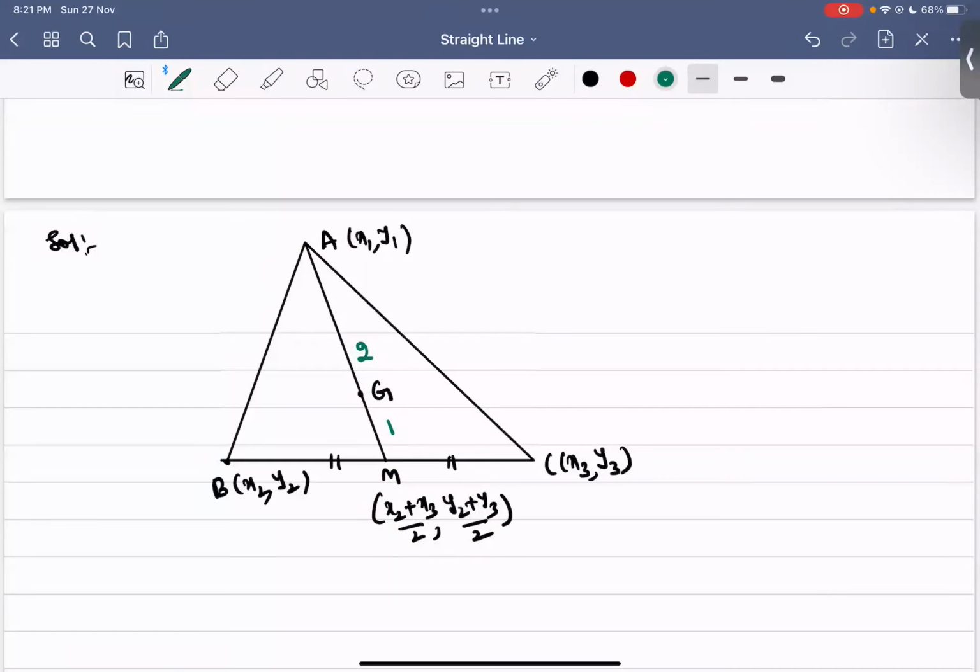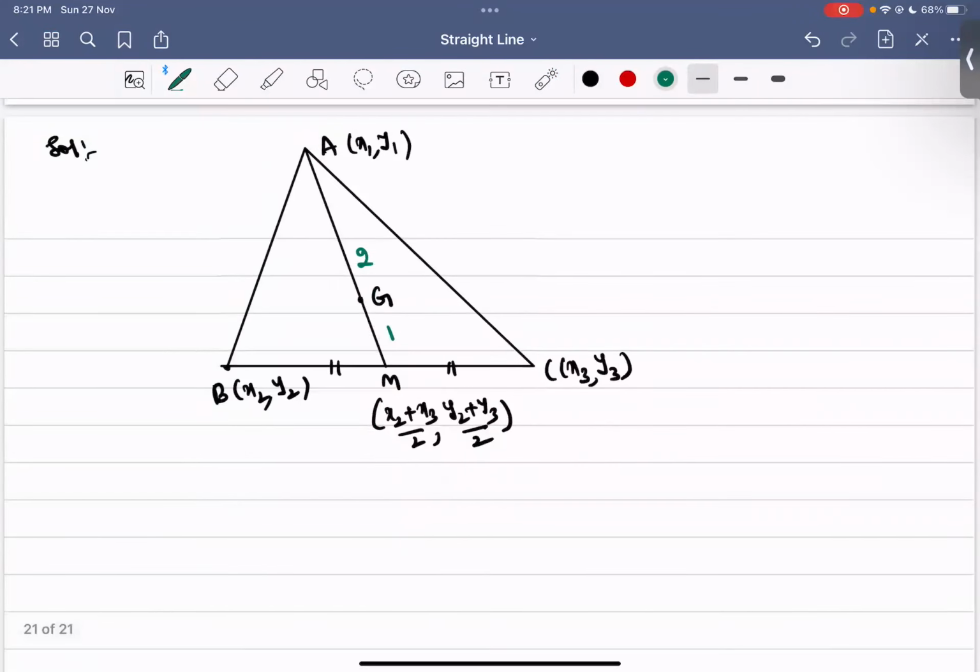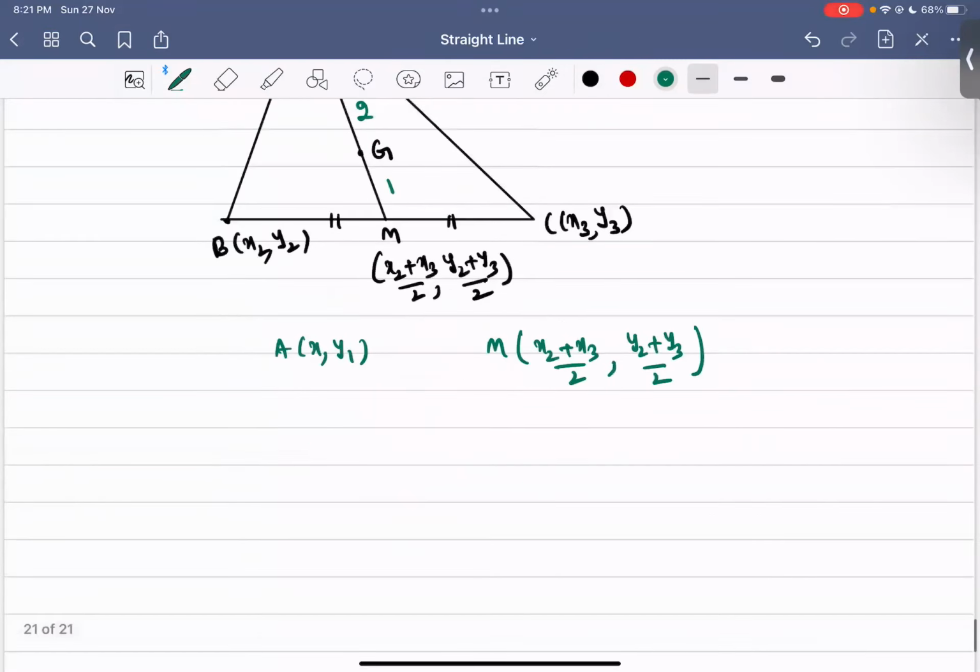So therefore, centroid coordinates are, here A (x1, y1) and M (x2 plus x3 by 2, y2 plus y3 by 2). So the ratio is what here? Suppose m is to n is the ratio, that is 2:1. So 2 goes this side and 1 goes this side.